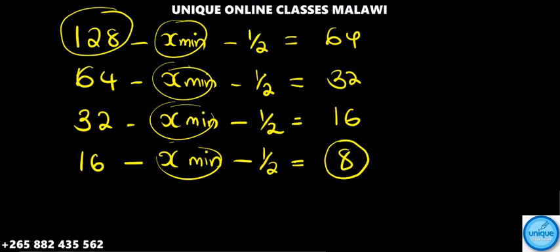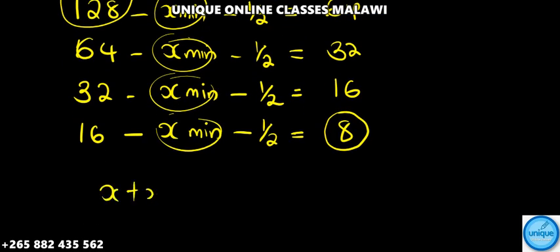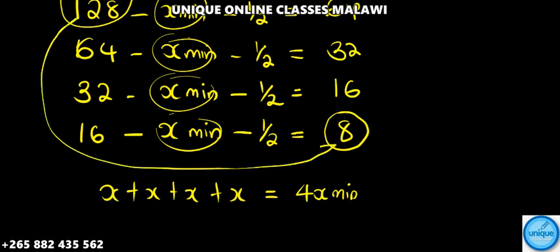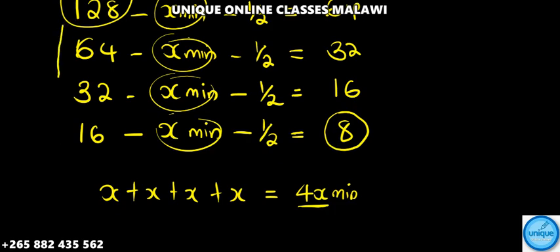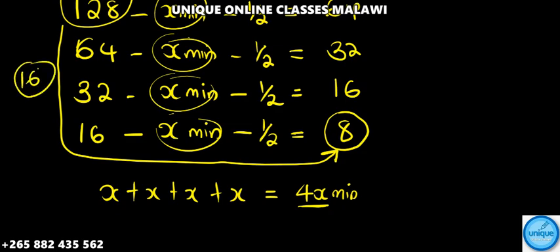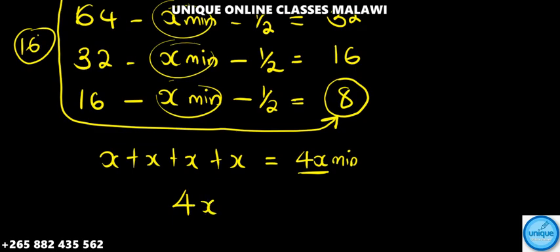So it's like x minutes plus x minutes plus x minutes plus x minutes, which is 4x minutes. From the 128 count rate to 8, we have 4x minutes, and it took 16 minutes in total. So just equate: 4x minutes divided by 16 minutes.